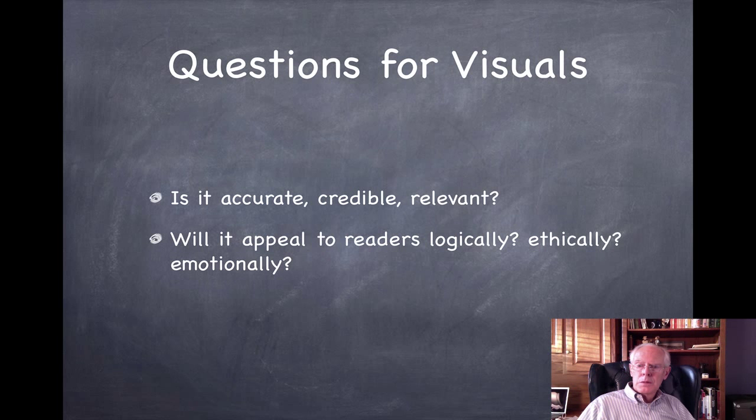Are you manipulating the reader? Very easy to do that with photographs, even with statistics, as we said before, and statistics and graphs can be ethically shaky if you manipulate the reader or mislead the reader in any way. And emotionally, how's it coming across? And you really can do a lot with a photograph, for example, in creating an emotional response in your readers.